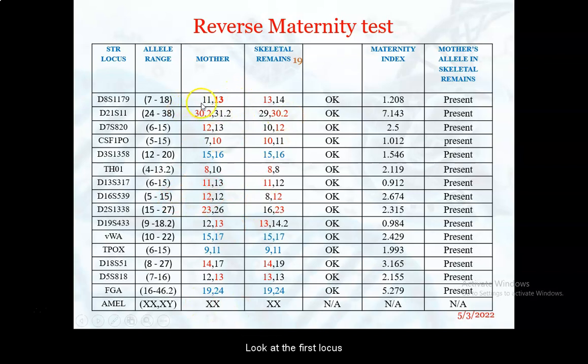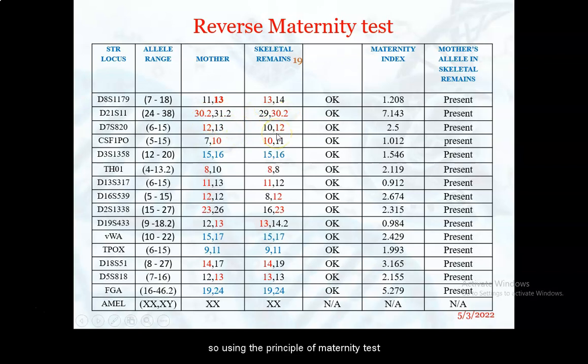So if we look at the first locus, this is the DNA profile from the skeletal remain using the bone. And this is the supposed mother of the source of the skeletal remain. So you could see that they are sharing an allele at this particular locus, 13, 13. If you go to the next locus, 30.2, there was 30.2 here.